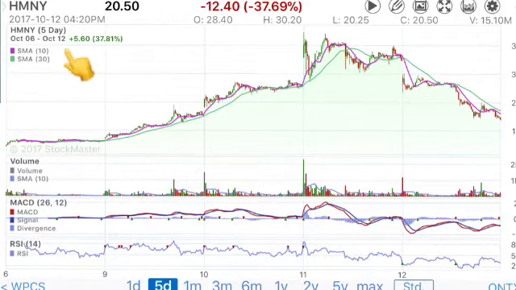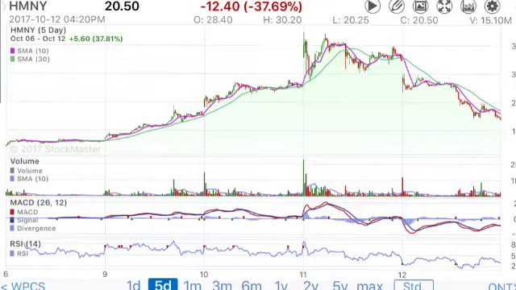It tells you the price, which is $20.50. Then it tells you at the bottom the 5-day chart, with the date range, for example October 6th to October 12th, and it tells you how much it has moved, which is 37.81%, equal to $5.60.